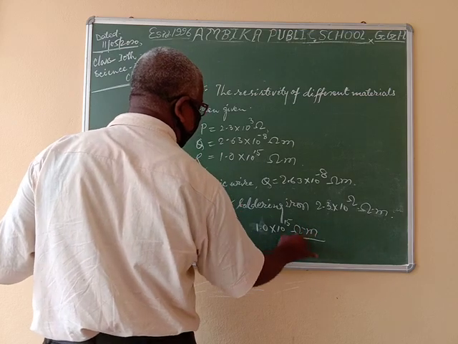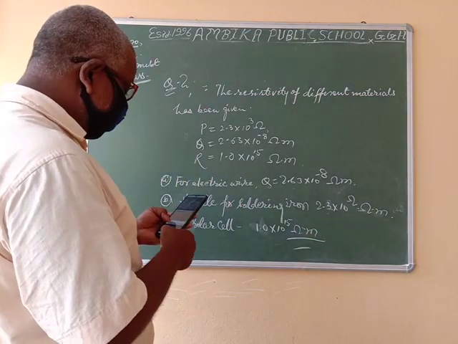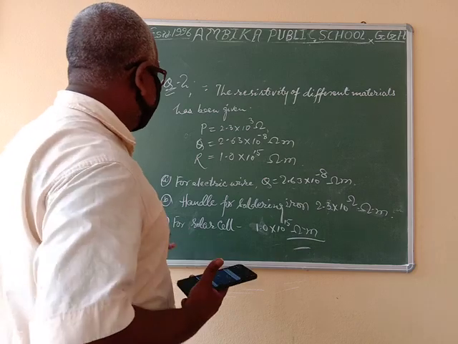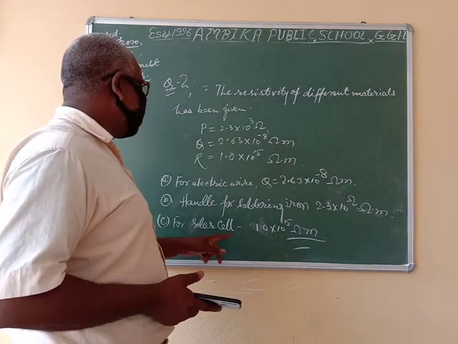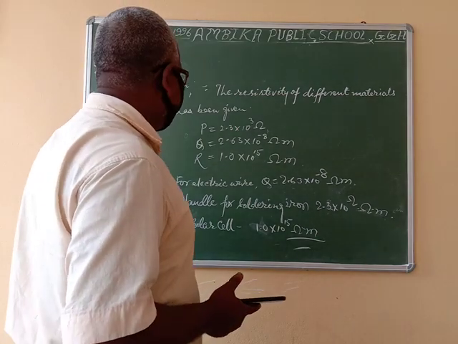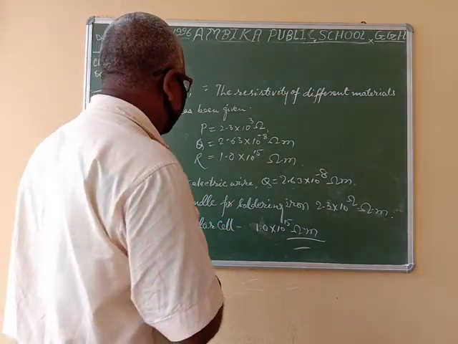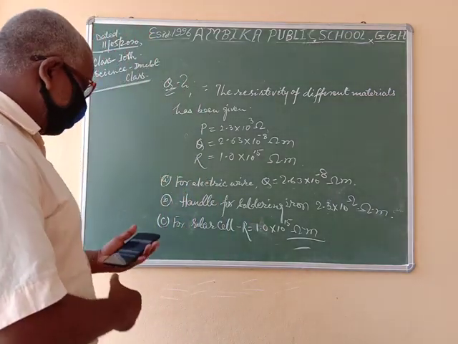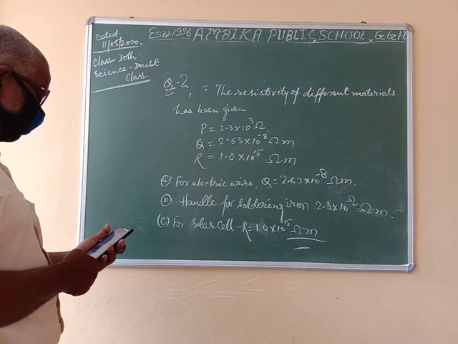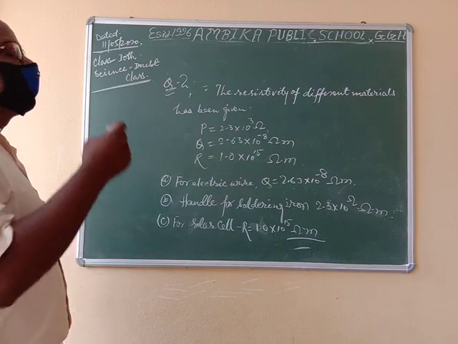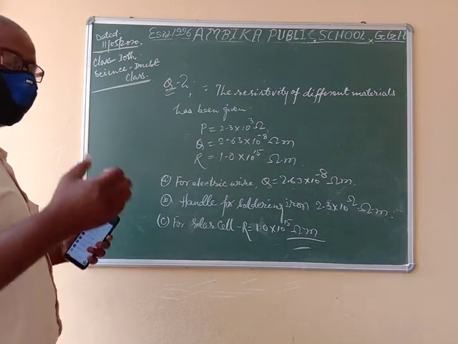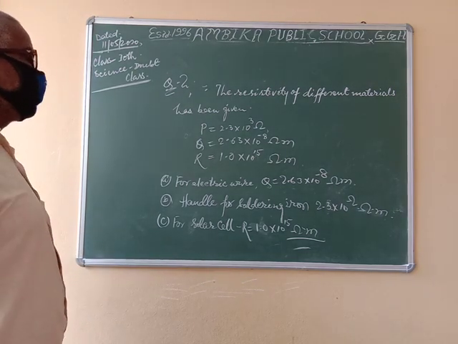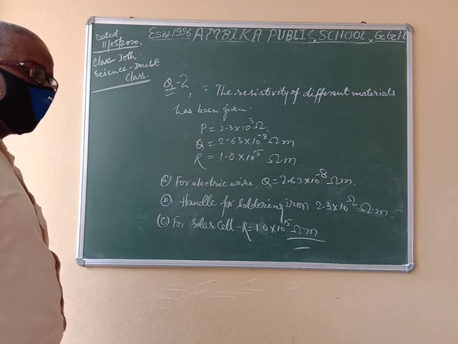It has the maximum resistivity, so the solar plate is used to collect the maximum amount of heat, so the solar cell should be made of R, because R is given as 1.0 into 10 to the power 15, the highest resistivity of the substances. So a substance which has the highest resistivity can be used for making a solar cell, because it will catch maximum solar heat energy and provide a sufficient amount of heat energy to the given appliances.